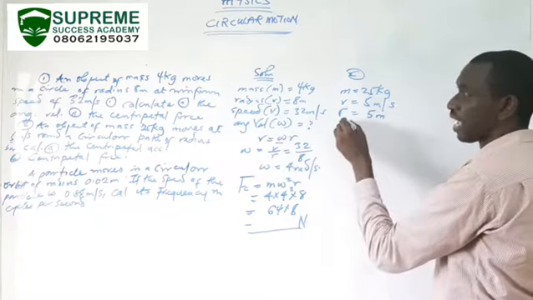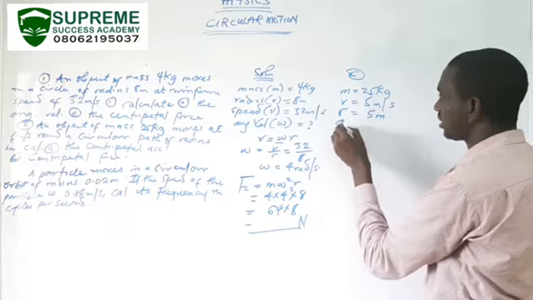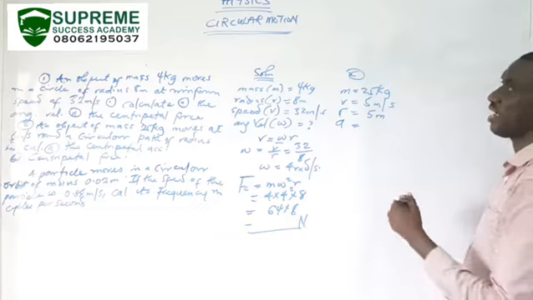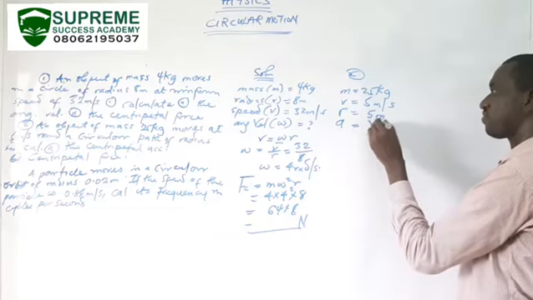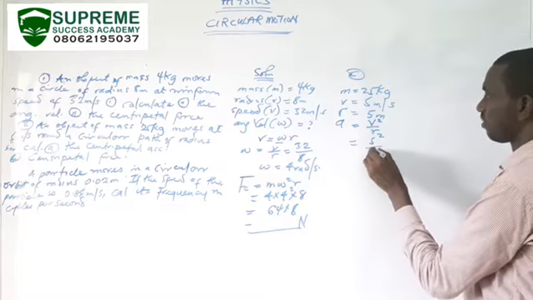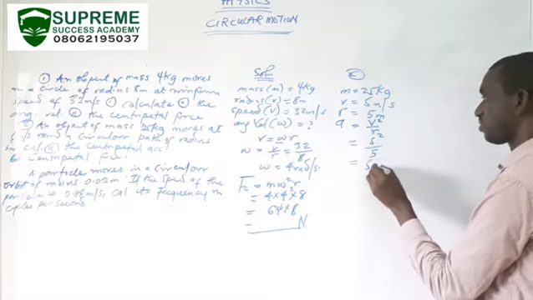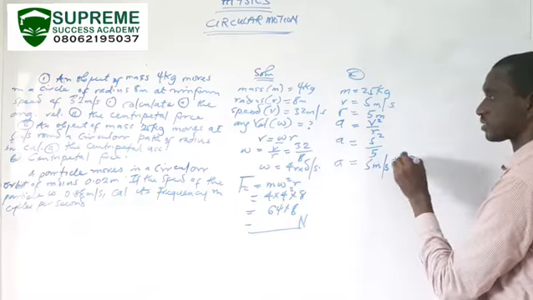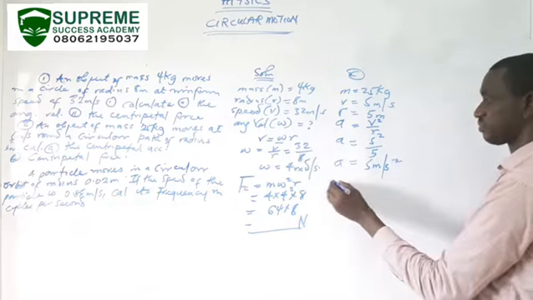Calculate the centripetal acceleration. It's still the same thing. What's the formula for centripetal acceleration? We derived it to be A equals V squared over R. So your V is 5 squared over 5. So you have 5 meters per second squared.